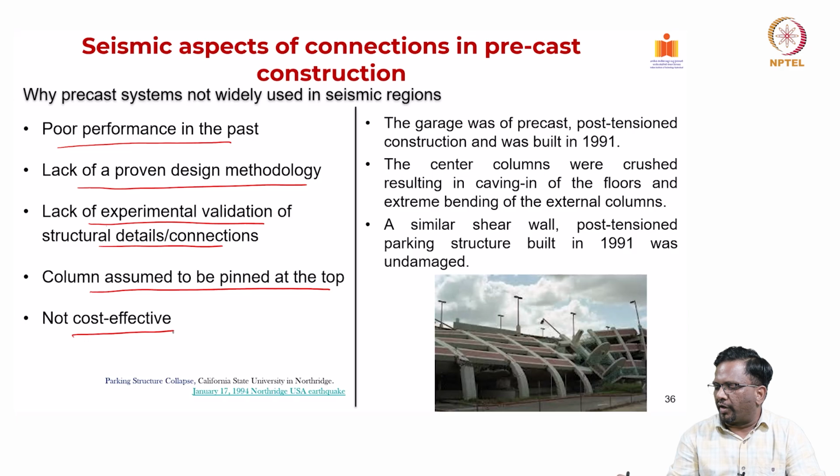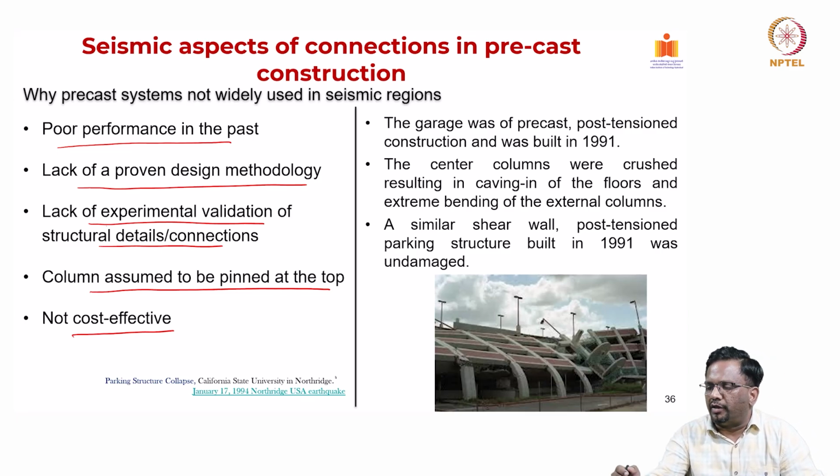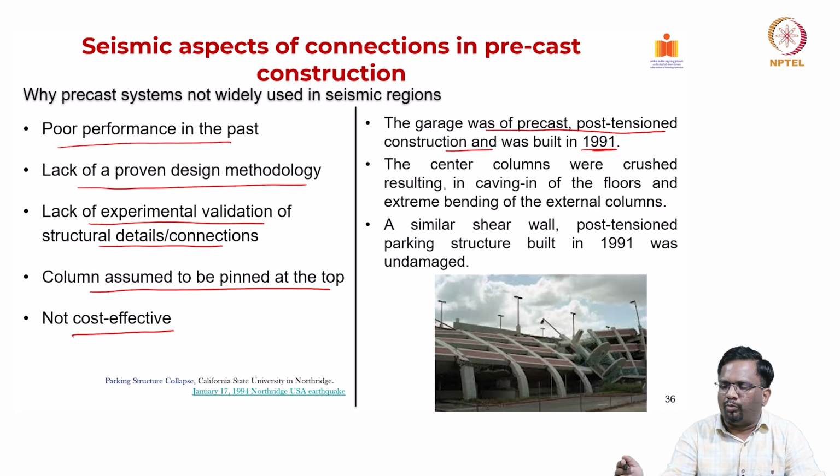Now this is one of the classical examples of a parking garage that failed at California State University Northridge during the 1994 Northridge earthquake. And you see this, the entire garage was of precast post tension construction. It was built in 1991. In fact, due to the vertical ground motions, the center columns crushed.